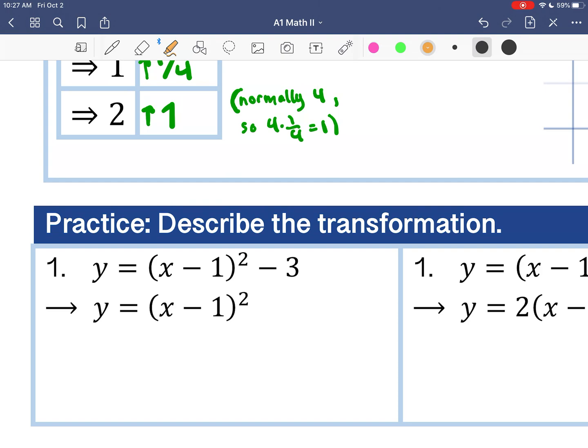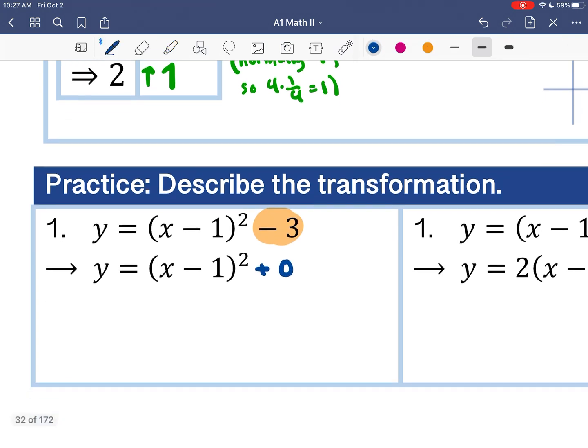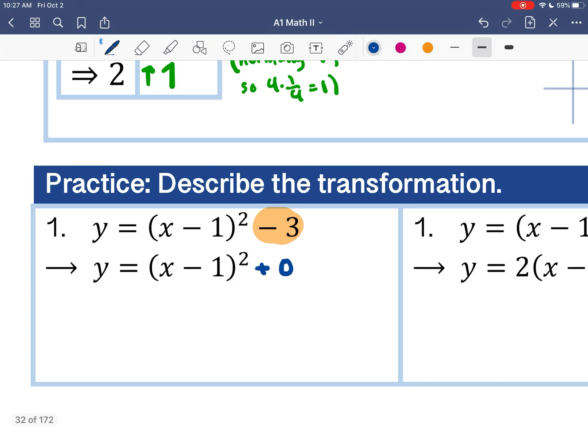So for this first one, we start with y equals (x minus 1) squared minus 3, and the transformation that's happening is now it looks like y equals (x minus 1) squared plus nothing. So we went from having minus 3 to having plus 0 at the end.